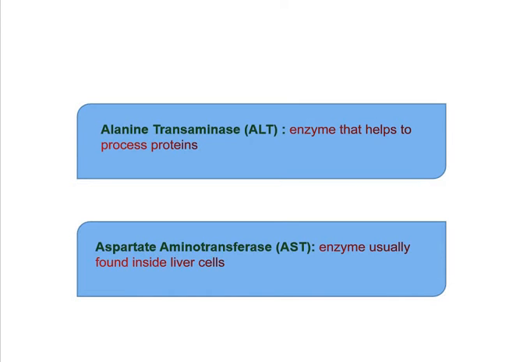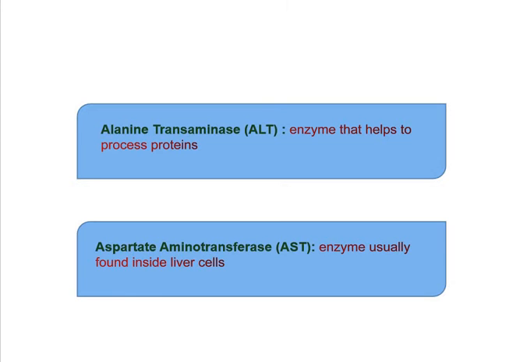Various enzymes occur in the cells of the body. A large amount of alanine transaminase occurs in the liver cells, and when the liver is injured or inflamed, the blood level of ALT usually rises or shows a higher concentration. This is alanine transaminase, denoted as capital ALT.